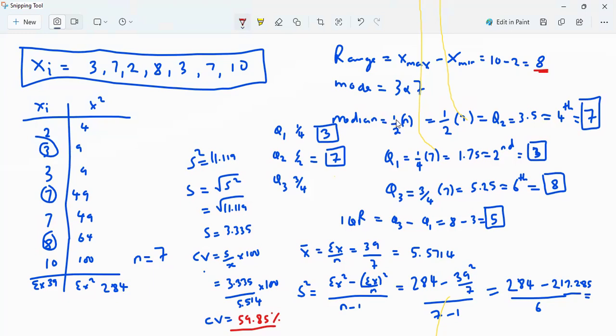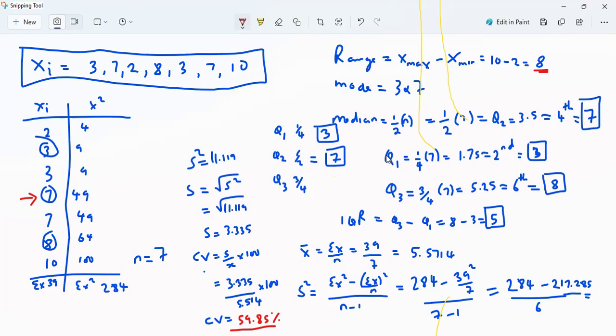The median is the middle number. You can cancel off numbers until you find yourself in the middle, but we have a formula. The formula is simply half of n. The half of n gives you a position. So half of 7 is 3.5. If it's 3 point anything, you round up. So the fourth position is 7.